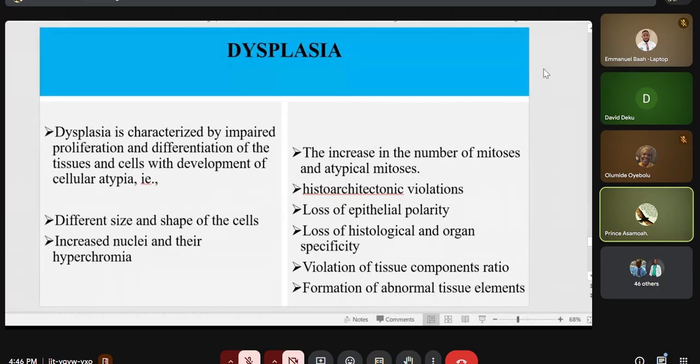So that one may not necessarily fall within dysplasia. The sphincter has even become weak, so it is rather a disease condition.